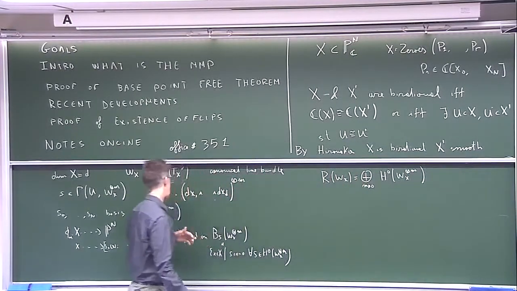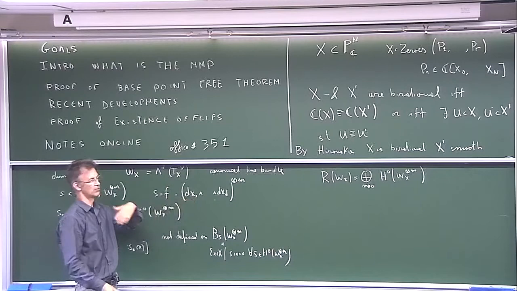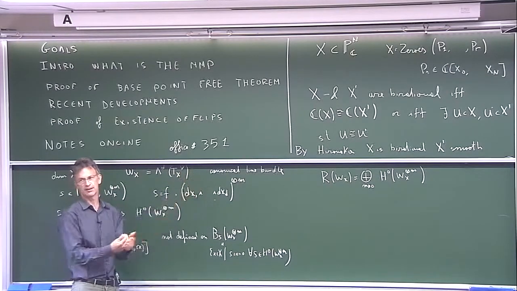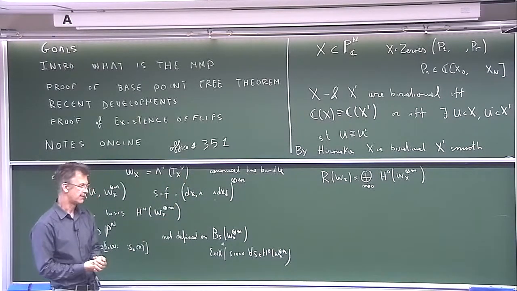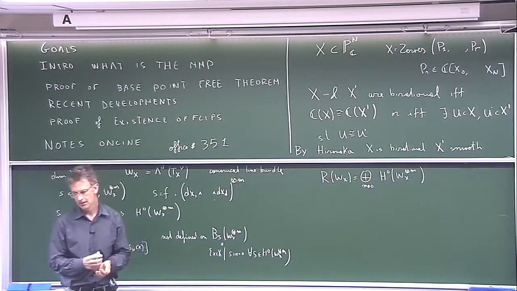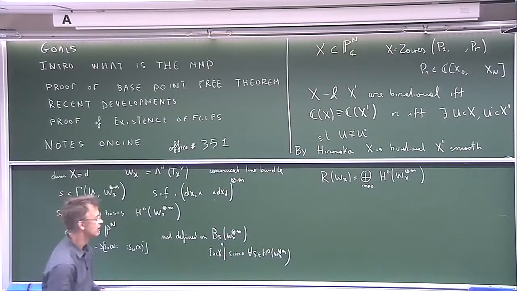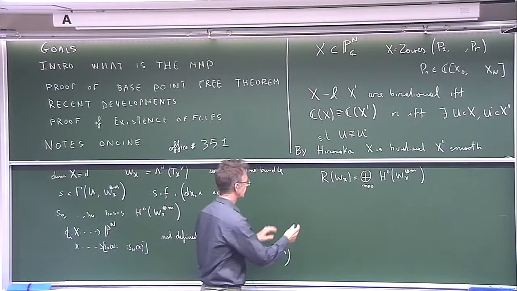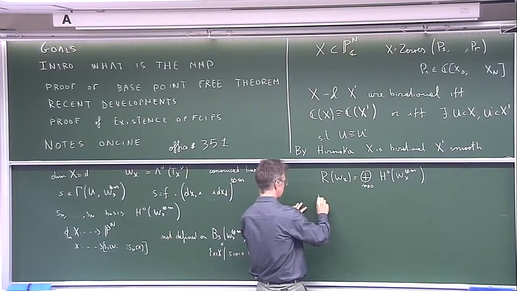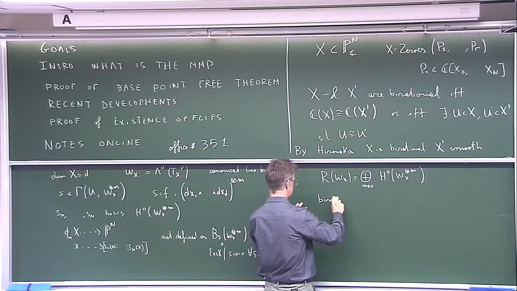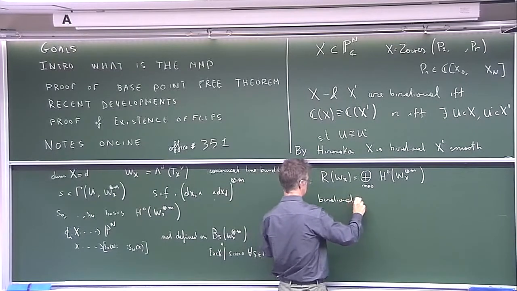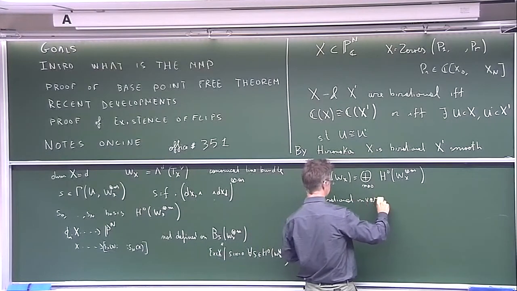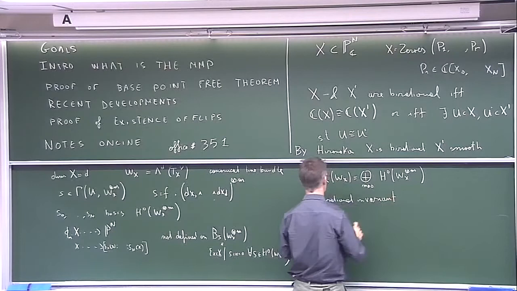So if you have a form of degree m and a form of degree m prime, and you multiply them together, you get a form of degree m plus m prime. Okay, so one thing that I should mention immediately is that this is a birational invariant. Maybe I'll say a few words later about why it's a birational invariant.